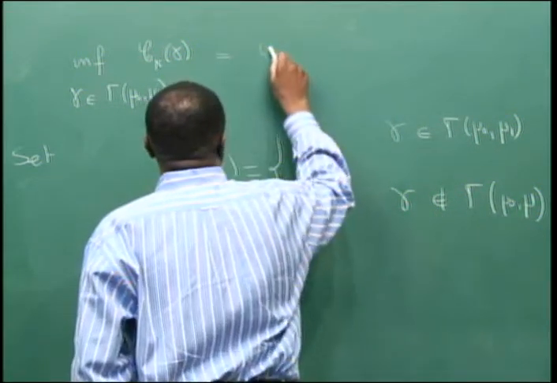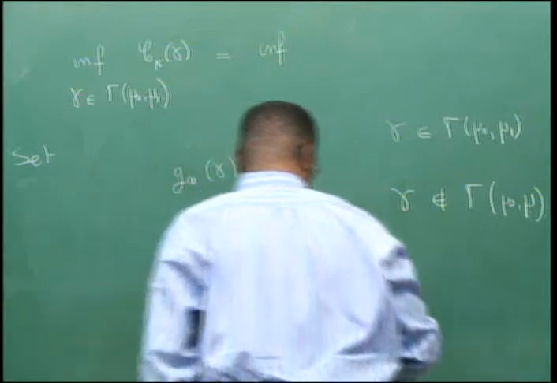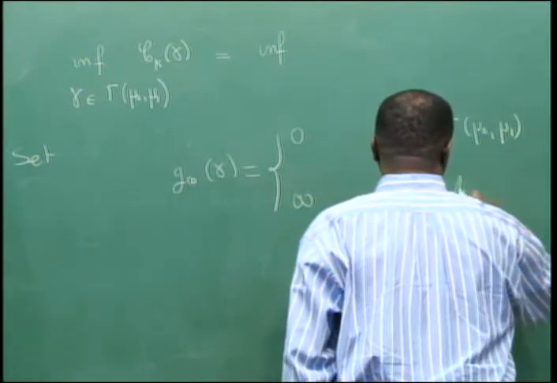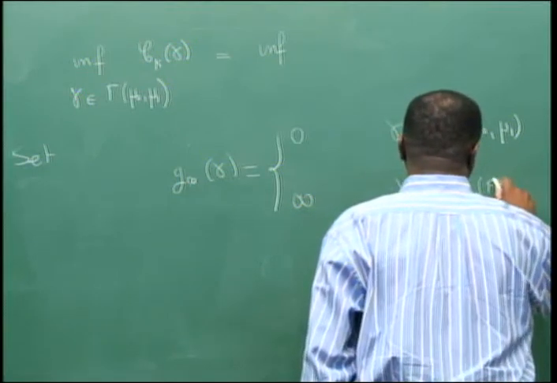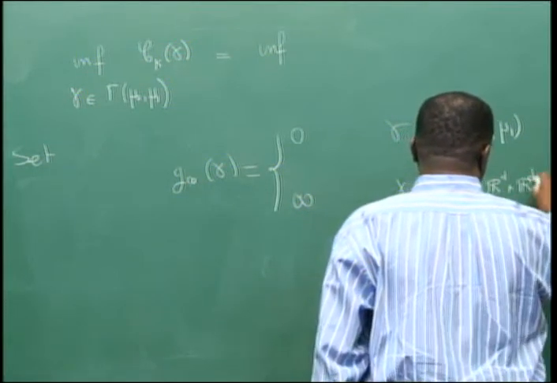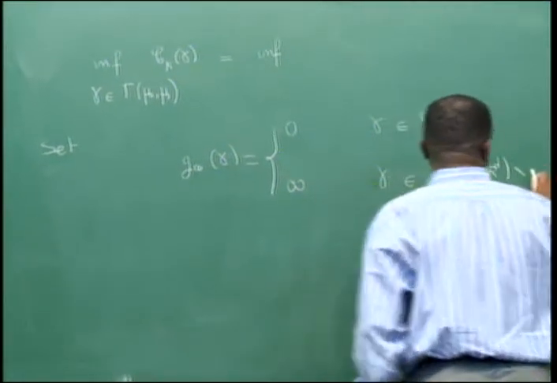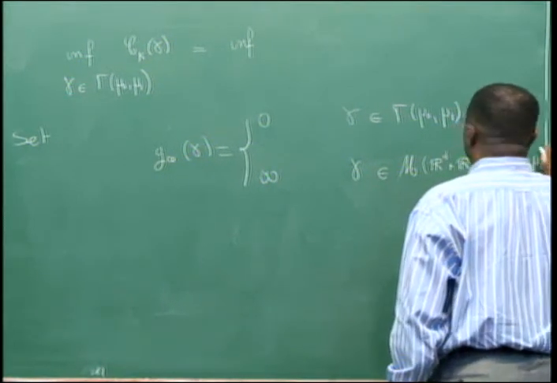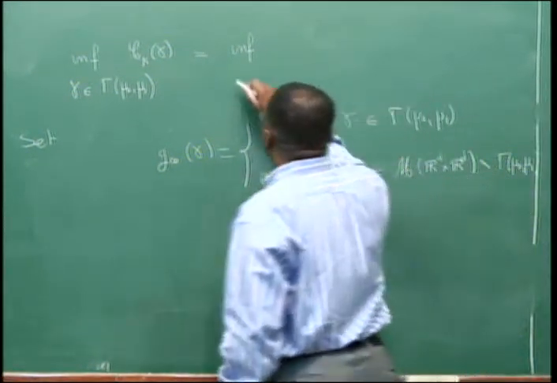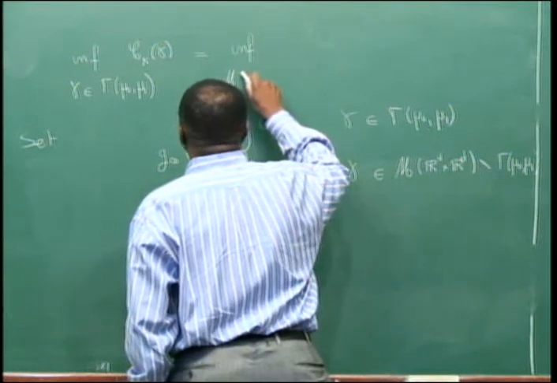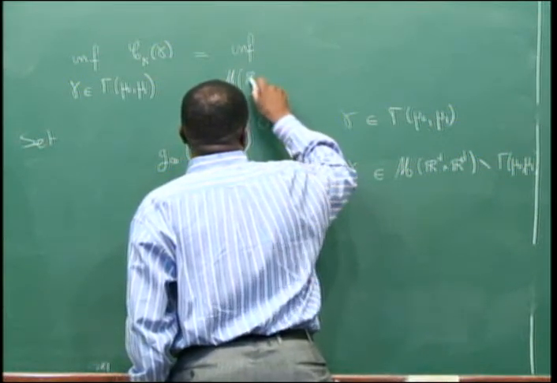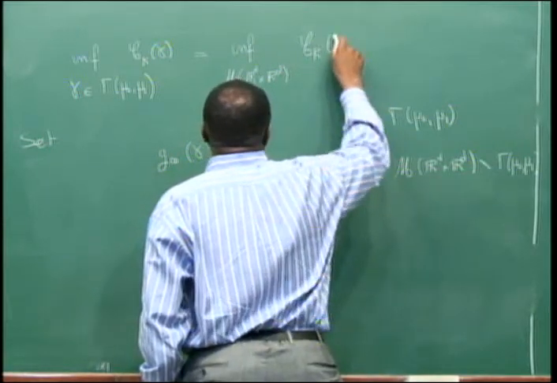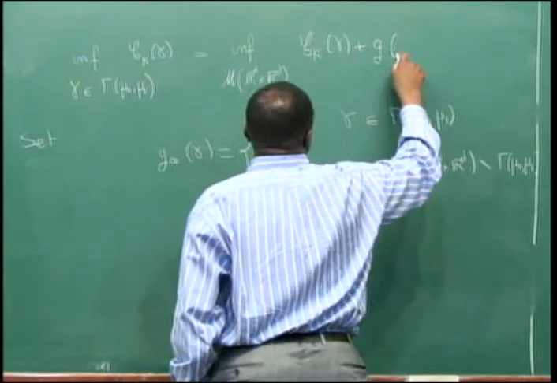I can remove this constraint. So let me write this as gamma is a measure on R^d cross R^d, but it doesn't have mu naught and mu 1 as marginals. So I can write that this is the infimum over M(R^d plus R^d) of C_K of gamma plus G infinity of gamma.